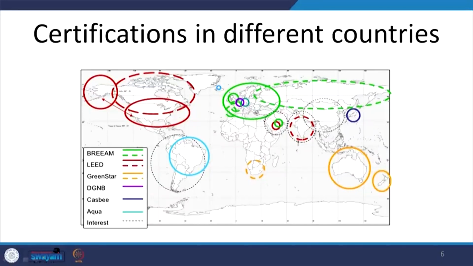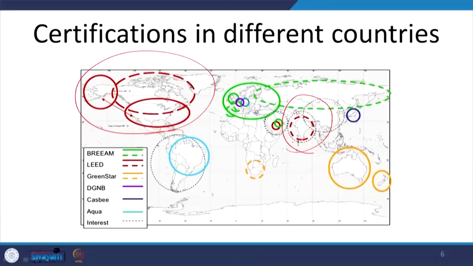So, we have a lot of them, and if we look at their impact areas across the world, we see that LEED has quite a large impact area in the globe, and there are other rating programs which were inspired by or have taken up from LEED and developed on their own. For example, IGBC in India initially started on the same lines as USGBC and LEED, and that is why it is shown in red color, because it is derived from LEED. There is also a large area under the influence of BREEAM.